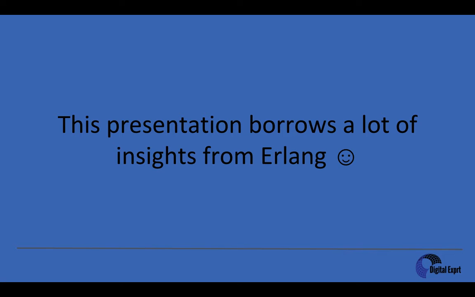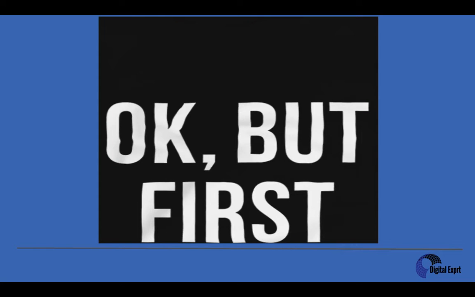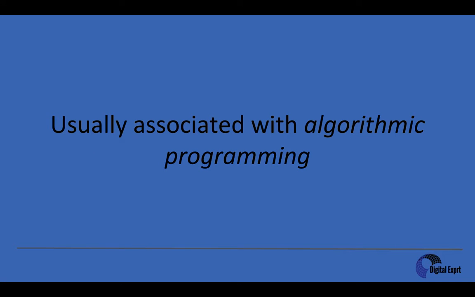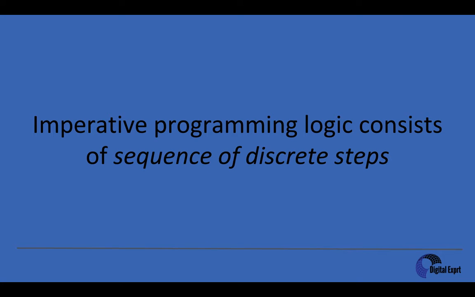But first, let's talk a little bit about imperative programming. Everybody's heard of that term. This is usually associated with algorithmic programming. And basically, as we all know, imperative programming or algorithmic programming consists of a sequence of discrete steps. So it's called sequential composition.